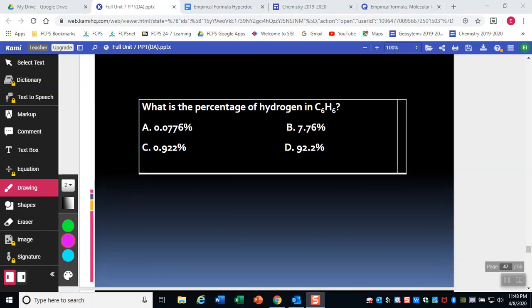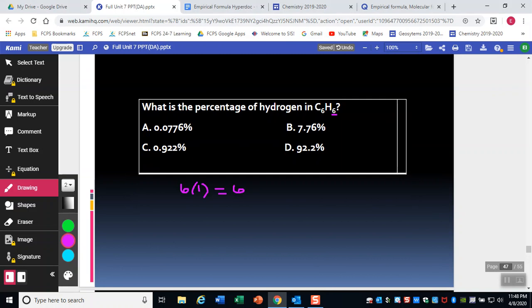So what is the percentage of hydrogen right here? So we're going to look at how much hydrogen we have. We have 6 hydrogens, right? And each one is 1 gram. So that would be 6 grams, all right?